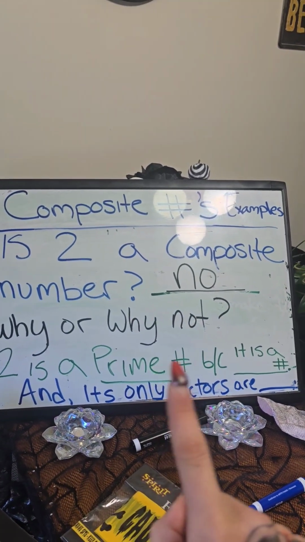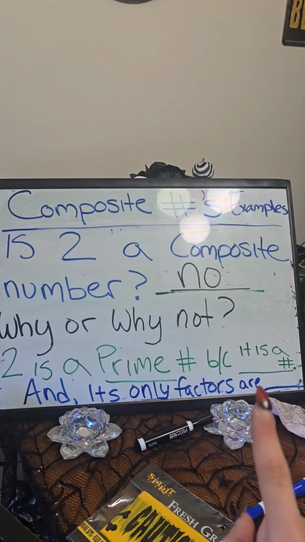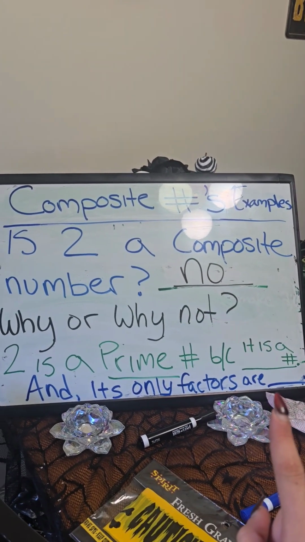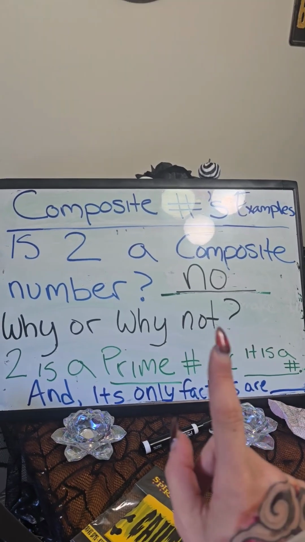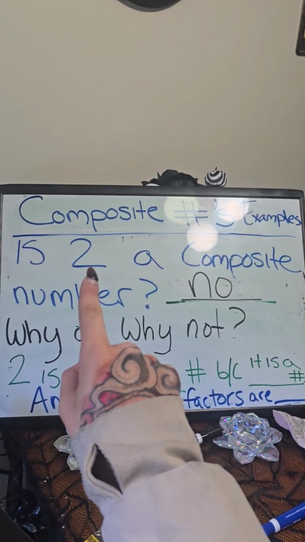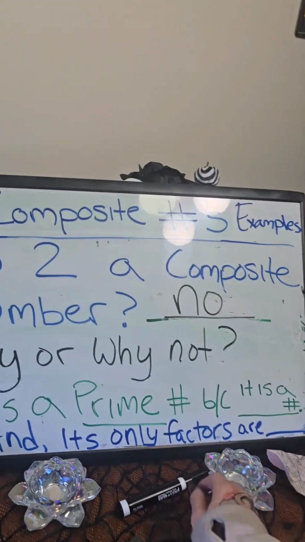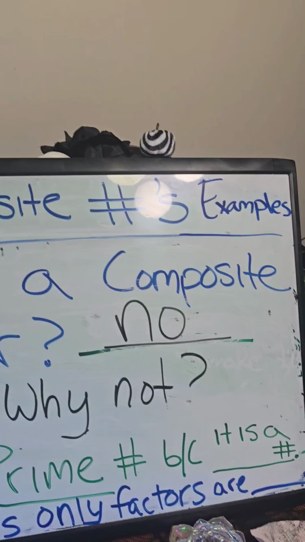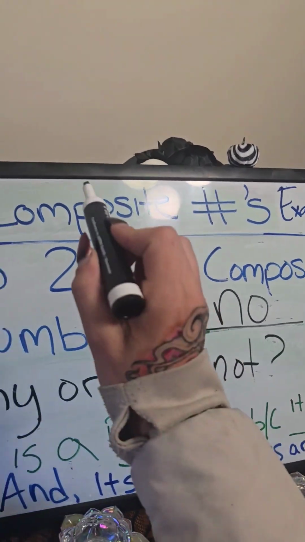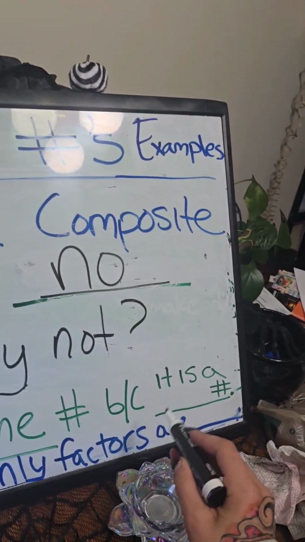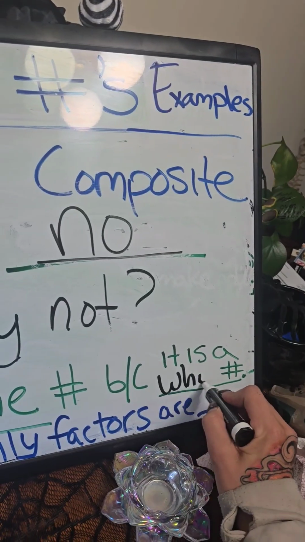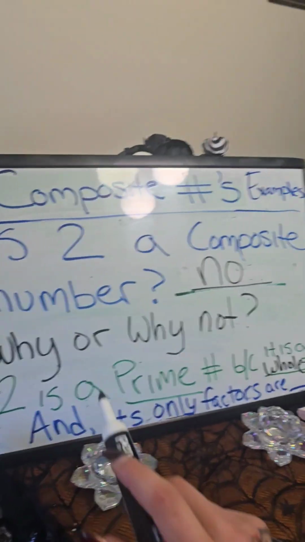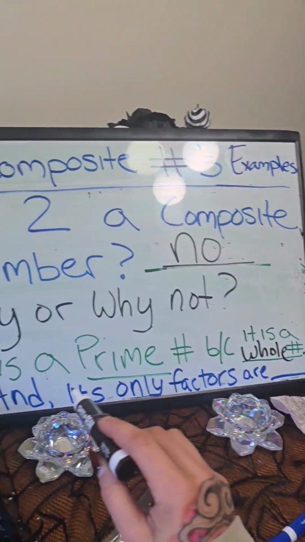2 is a prime number because it is a whole number and its only factors are 1 and 2, or 1 and themselves for the general rule. Yes, so let's fill that in. Because 2 is prime, not composite, because it is a whole number, meaning there's no decimal or fraction, okay?